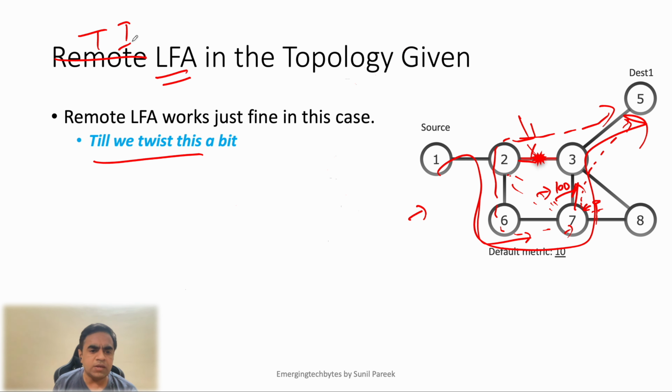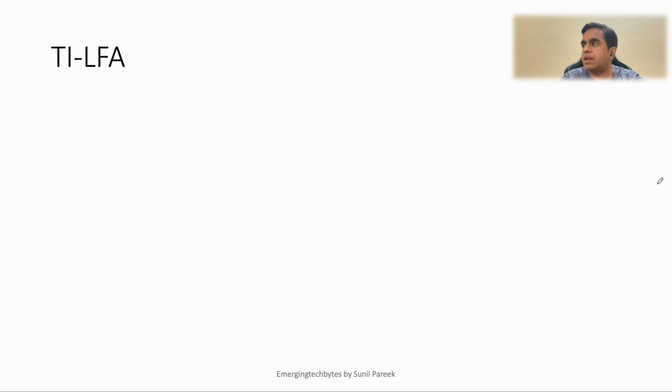To give you a hint here, for the advanced users, I am talking about adjacency set here. But more on this, I will come to in the upcoming few minutes. So now let's just come back to our topic, the TI-LFA.